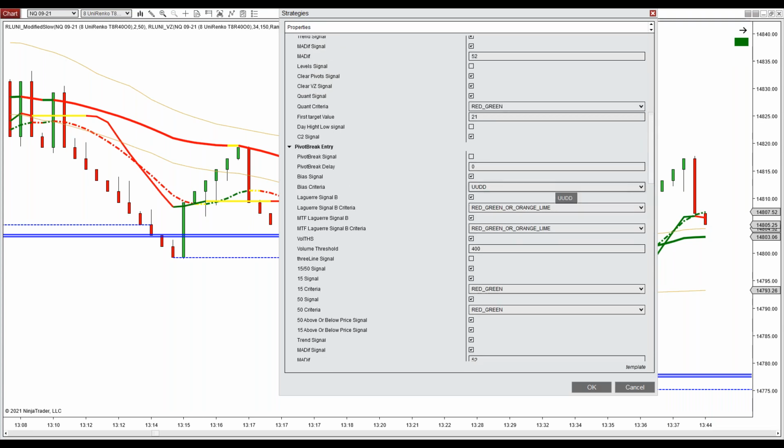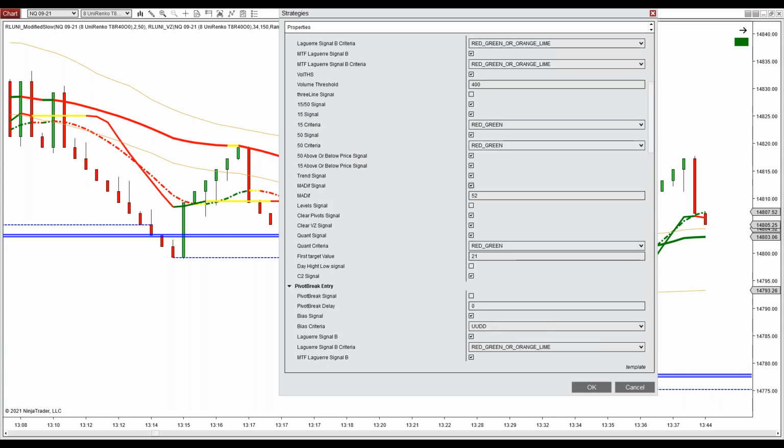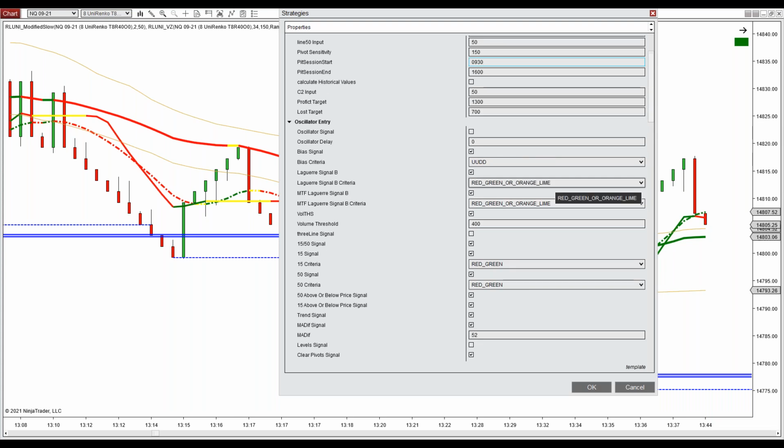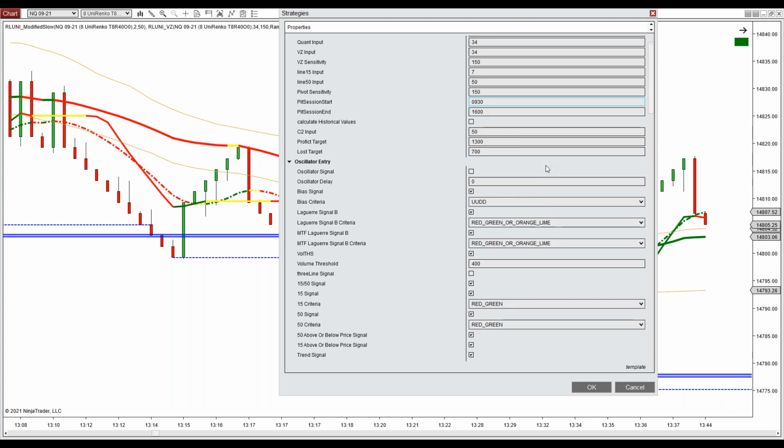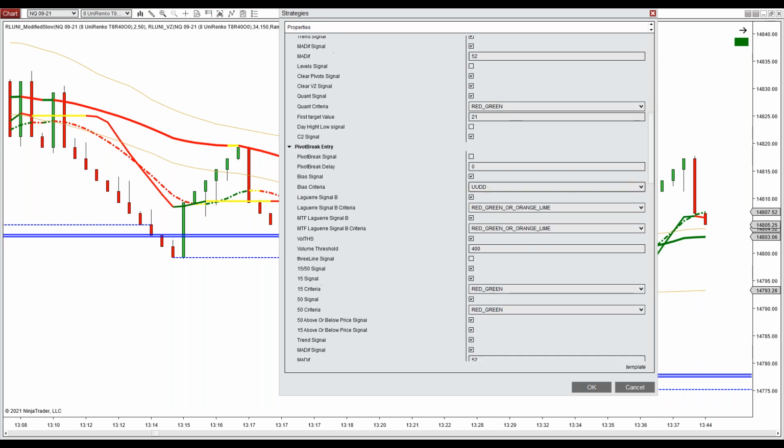Listen, just because Sergio labeled it pit session start and pit session stop doesn't mean this is not where you decide the hours you want the trader to trade. These are your inputs. So this is where you can have a turnaround. I don't see any other place to put it.